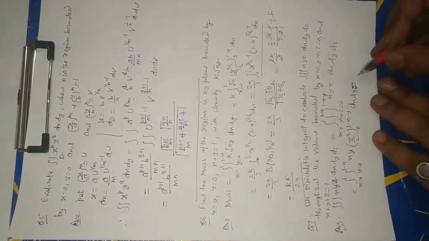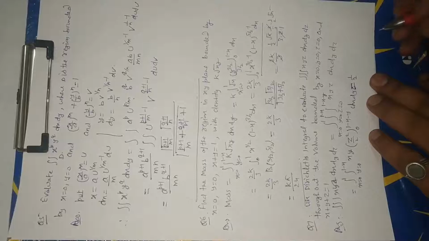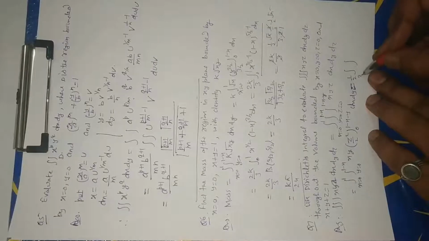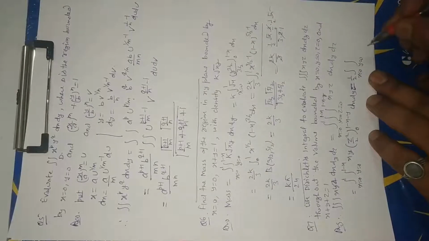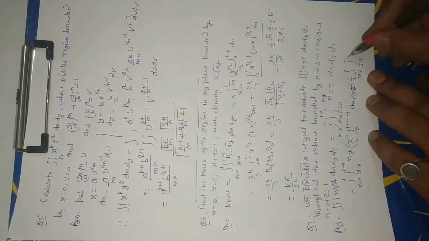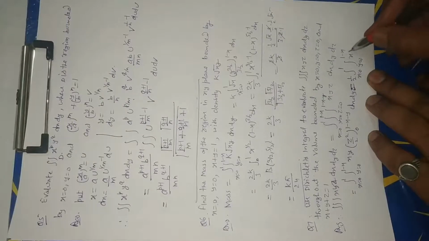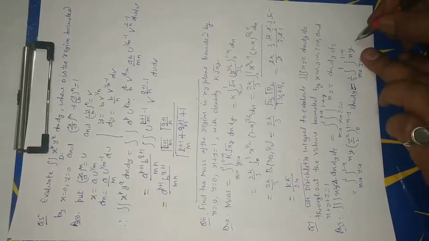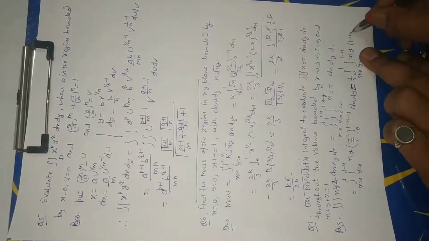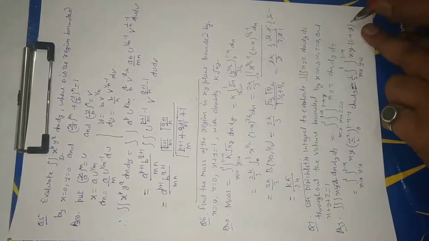Now 1 upon 2 constant, x equal to 0 to 1, y equal to 0 to 1 minus x, xy into (1 minus x minus y) whole power 2 dx dy.